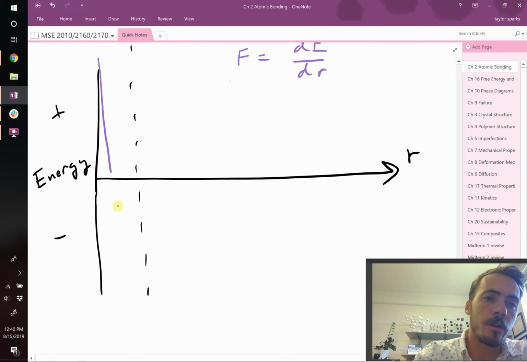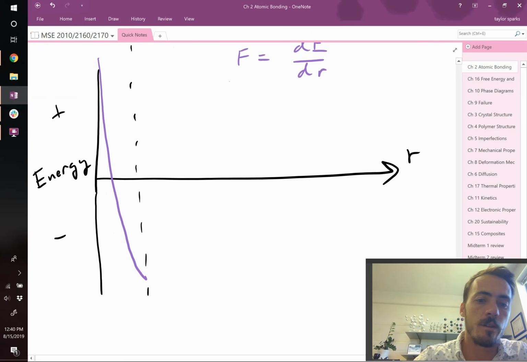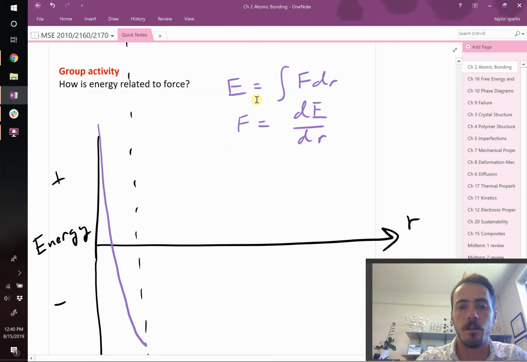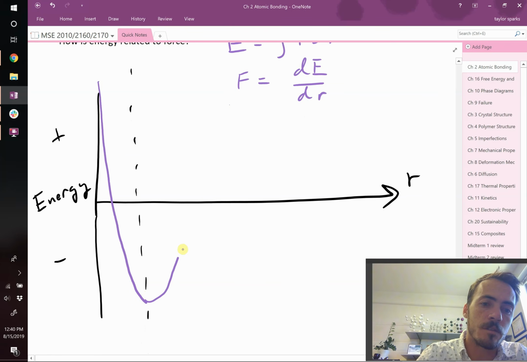Our energy expression must be decreasing until that point. At that point, when it's equal to 0, now it's positive. So it's going to continue increasing all the way out to infinity, but it increases quickly and then it starts to slow down. So our energy does something like this. So that's our net energy.